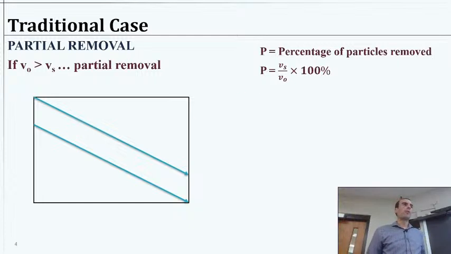If we consider some portion of the particles, let's say the particle at the top, let's say we have a condition where this Vs is clearly not meeting the bottom in time, right? So this condition, Vs is less than V naught. The actual sedimentation velocity is slower than that critical one where everything would be removed.